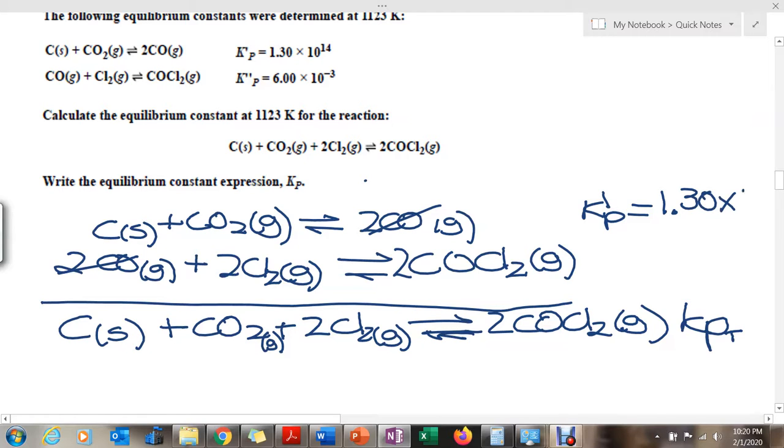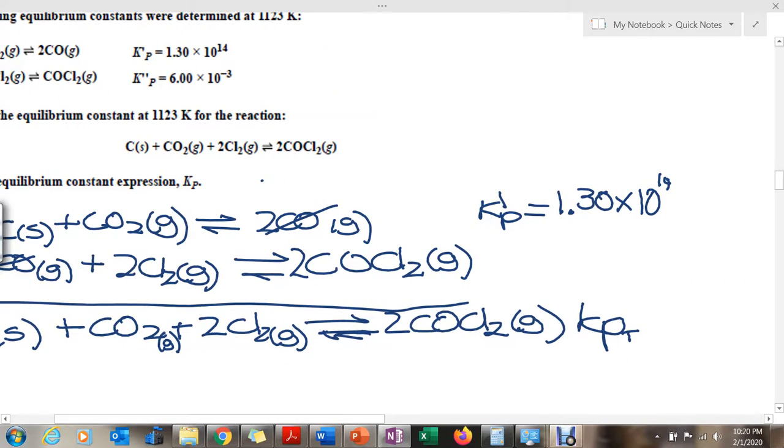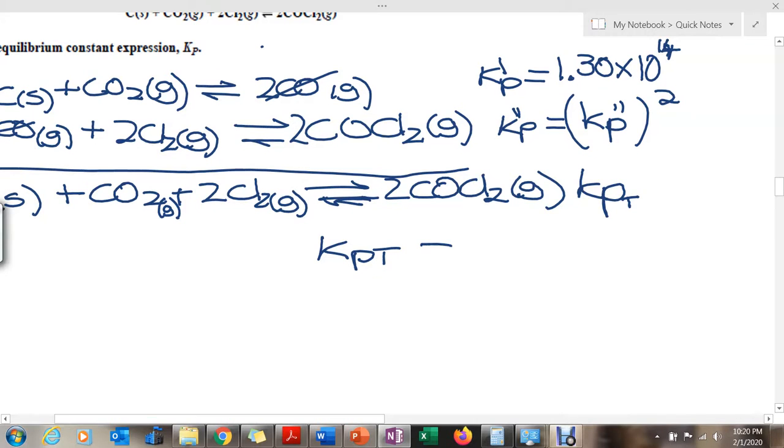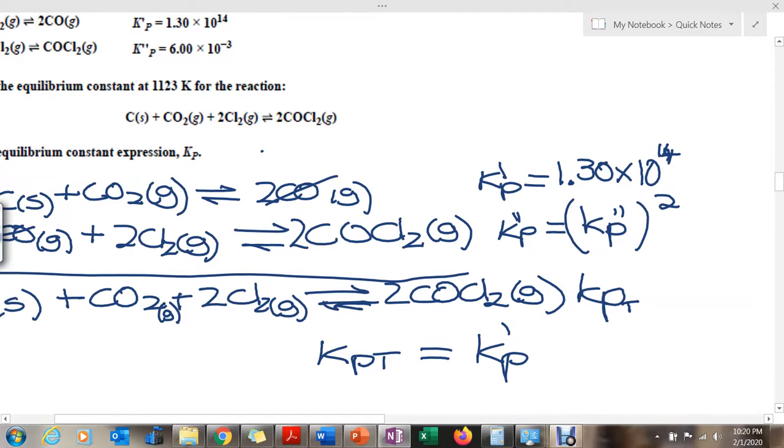On the second one, what we did is just multiply by 2, so the second one would be Kp2 squared. So the Kp total would be equal to the first Kp, which doesn't move, times the second one.